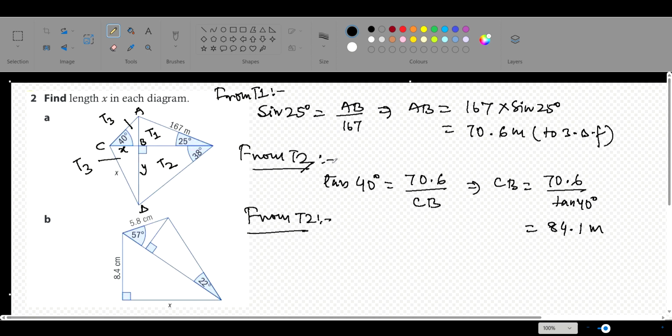So for BD, I'll use again tan, because tan 38 degree is equal to opposite, which is BD, upon adjacent, which we haven't got, so I think we need this one as well, BE.